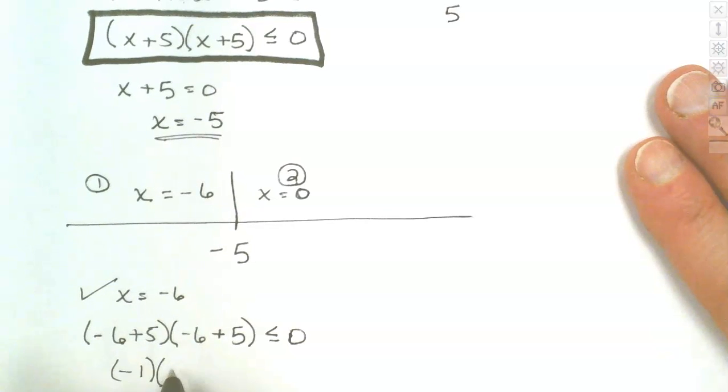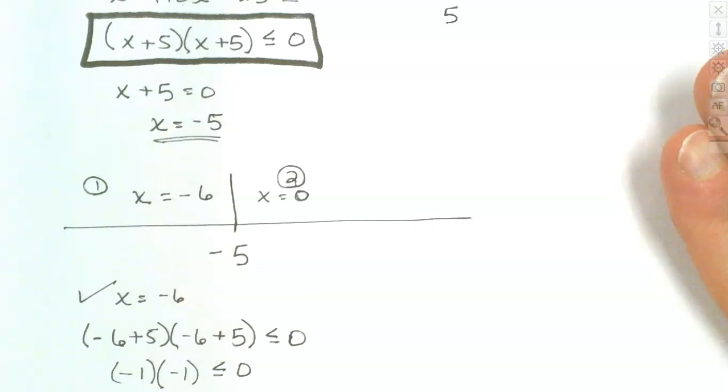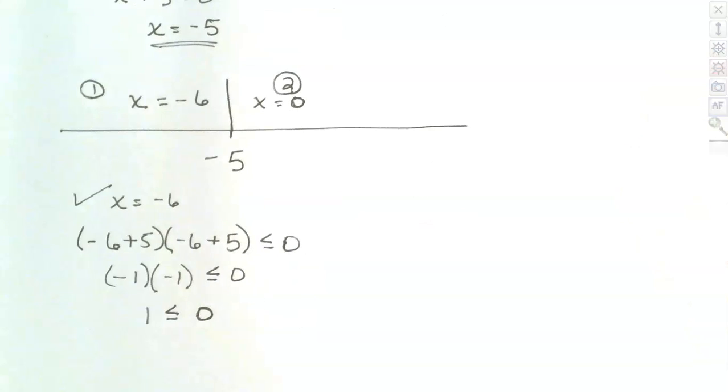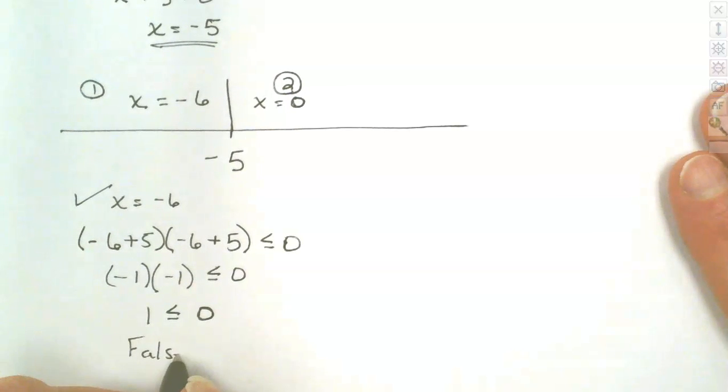Negative 6 plus 5 is a negative 1. And negative times negative makes it a positive. So that's going to make that then a positive 1. And is positive 1 going to be smaller than 0? Is that true or is that false? Positive 1 smaller than 0? No. So that makes that region then false.